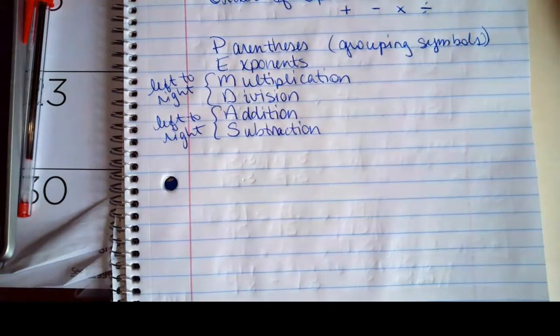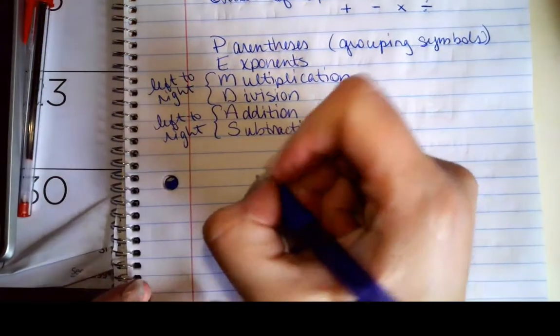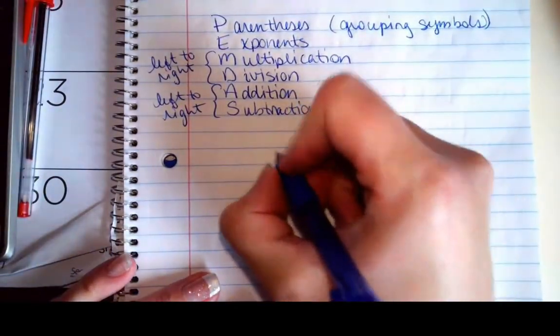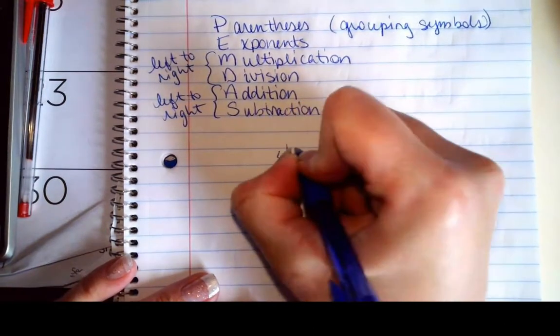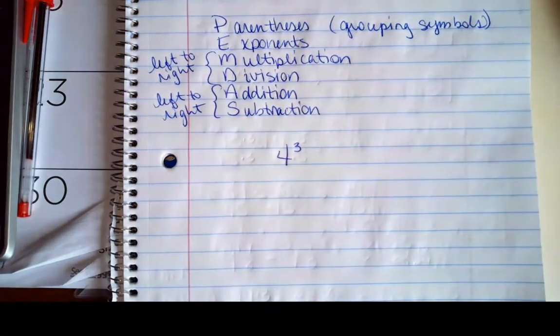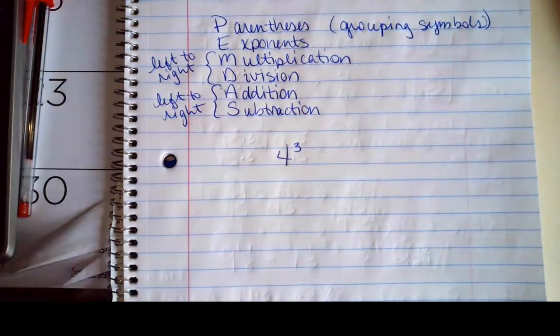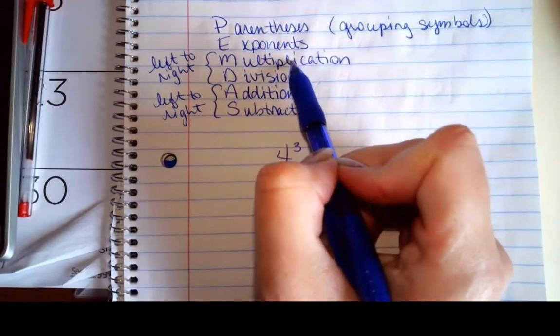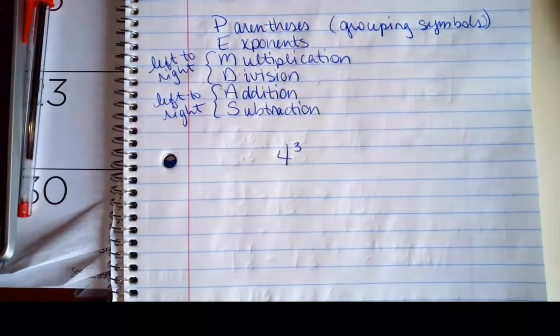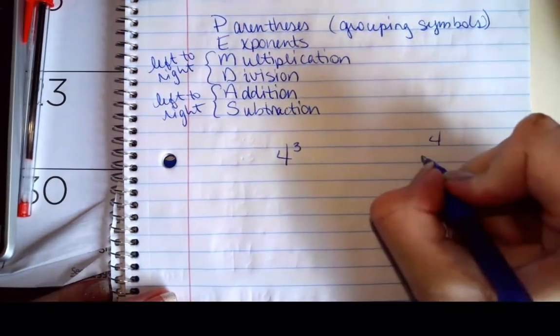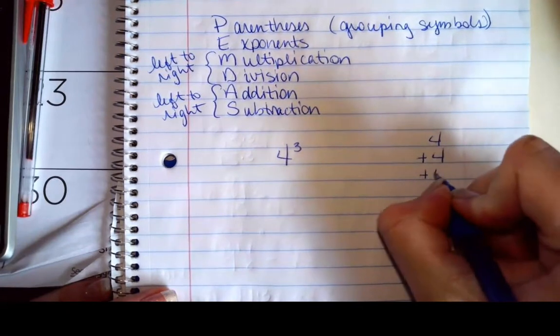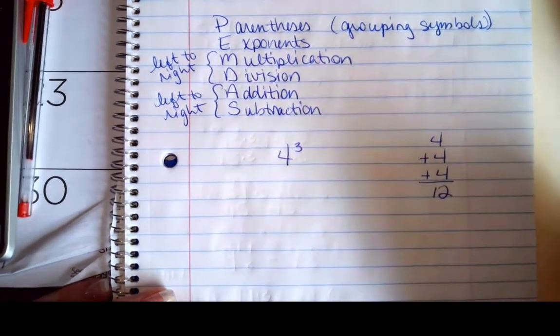So we need to look at exponents real quick and figure out what an exponent is. So to give you an example, if I have 4 to the third power. All right, so let's pause for a second. Multiplication is a shortcut for repeated addition. So if I say 4 plus 4 plus 4, that's 12.